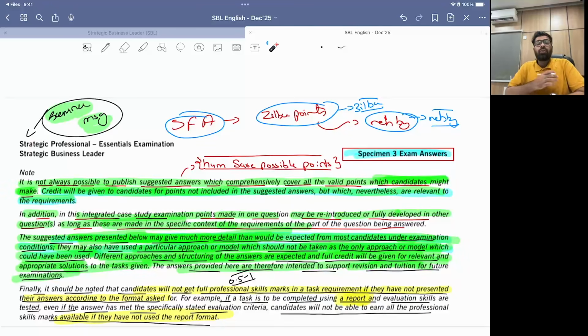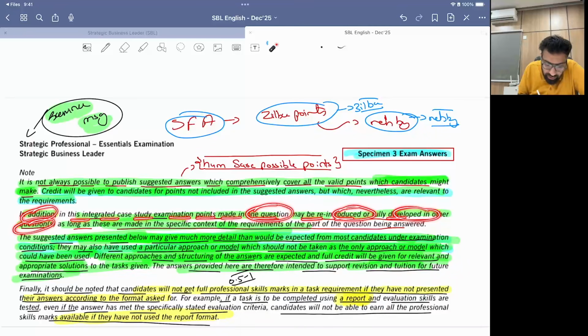In addition, in this integrated case study examination, points made in one question may be reintroduced or fully developed in other questions, as long as these are made in the specific context of the requirement.